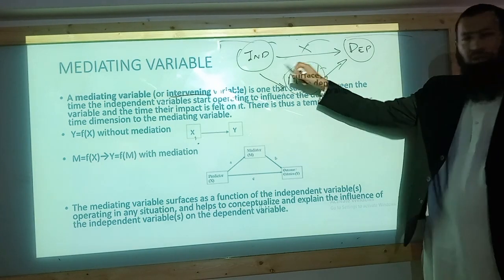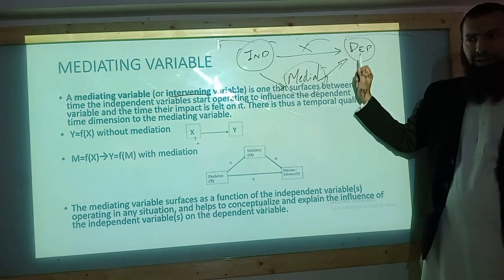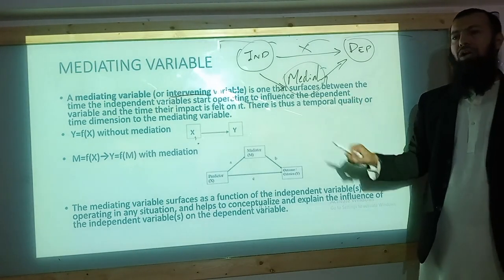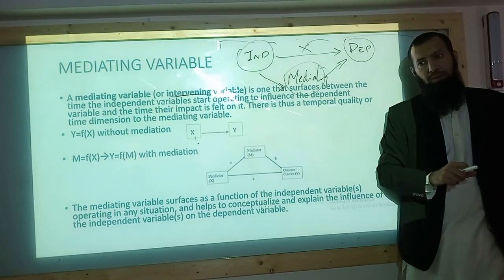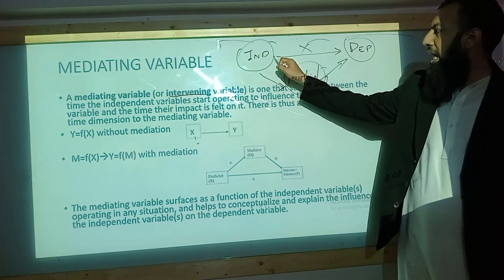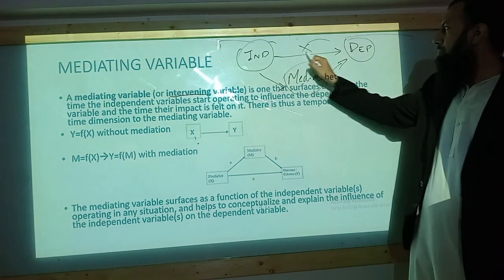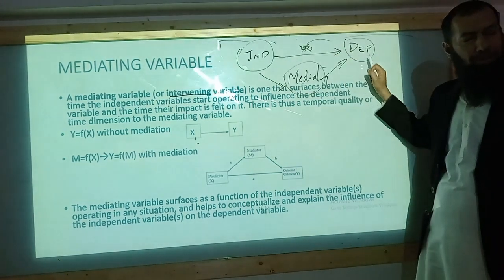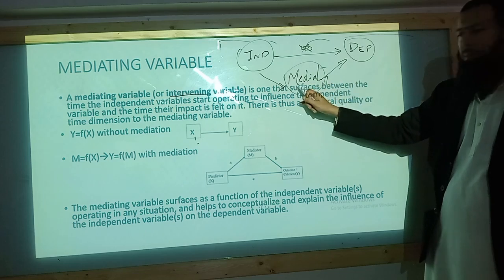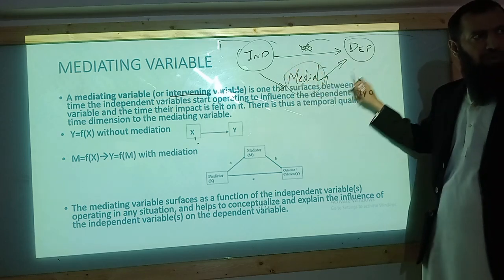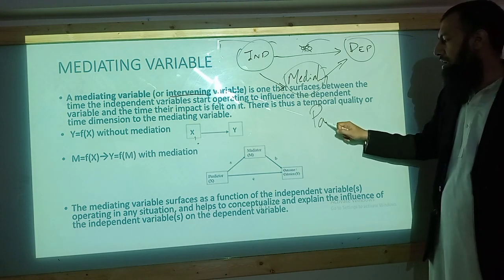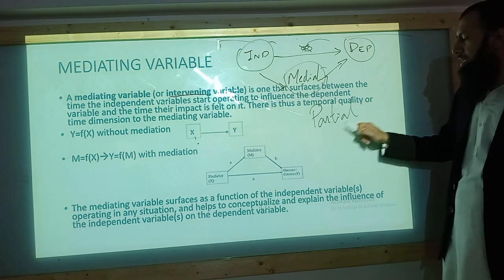When there is no direct relationship between the independent and dependent variable and the relationship is possible only through the mediating variable, it is called full mediation. And when there is a relationship between independent and dependent as well, and also through the mediating variable, it is called partial mediation.